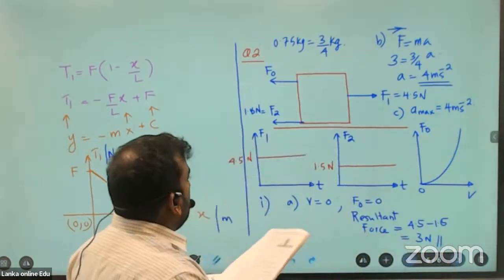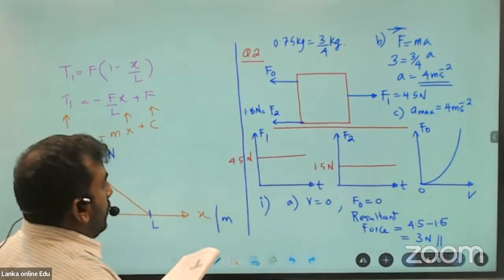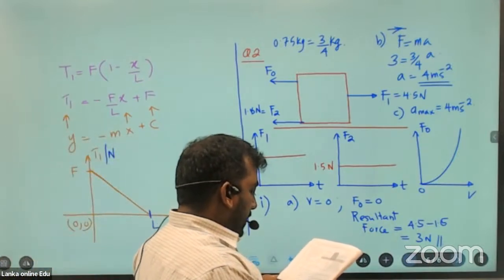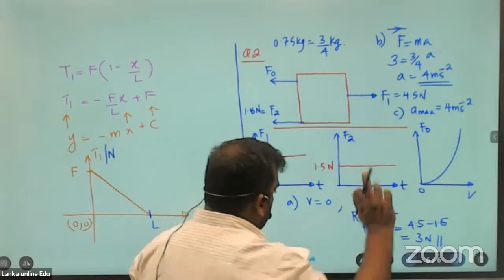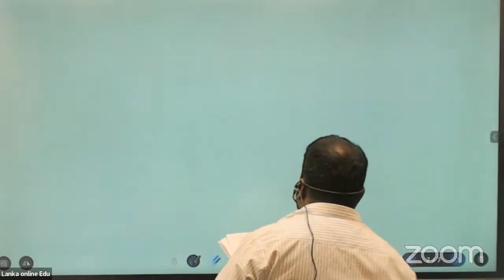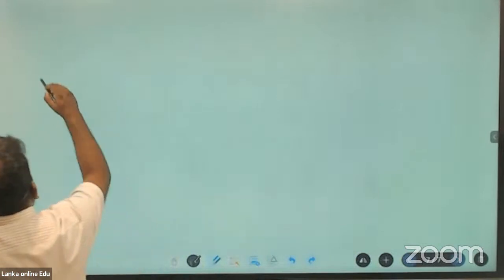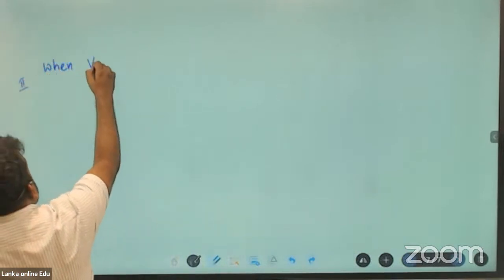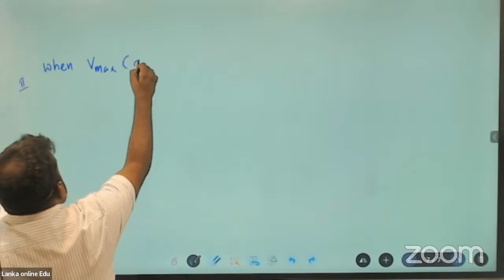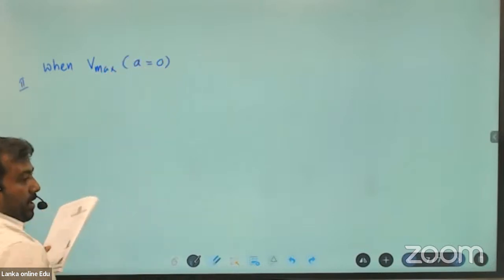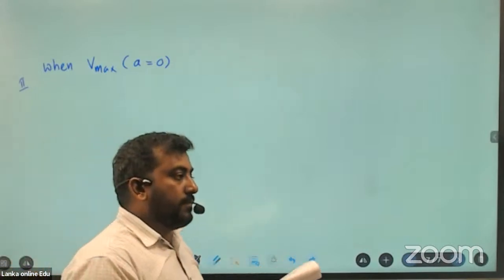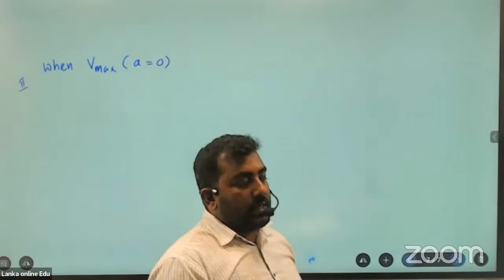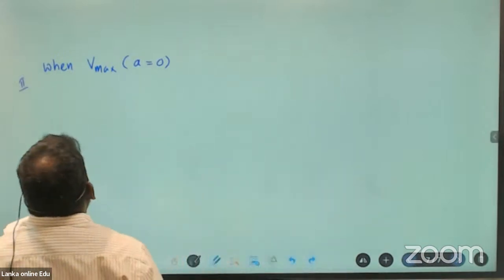Roman number 2. What is the magnitude of F naught when the velocity of the box is maximum? How do you find the maximum velocity? When V max occurs, acceleration is going to be 0.